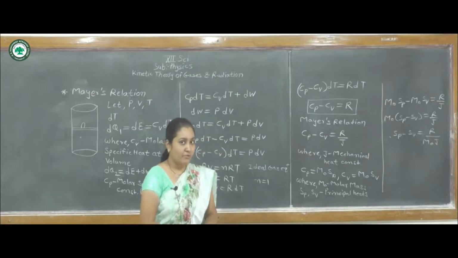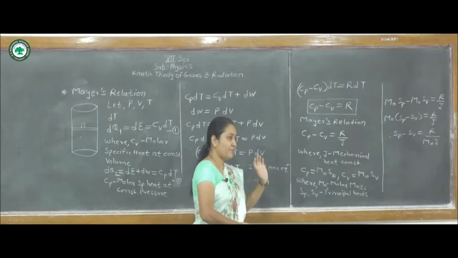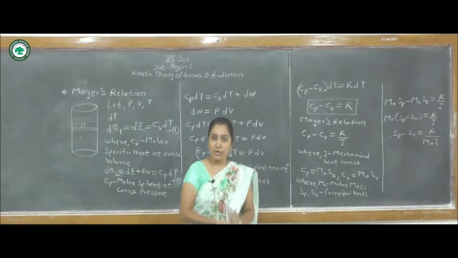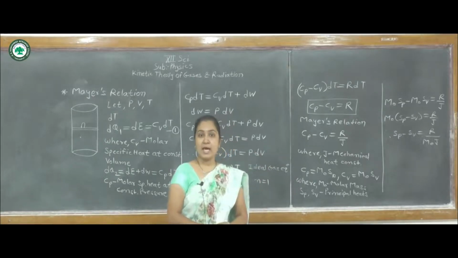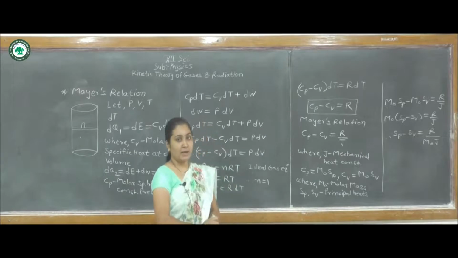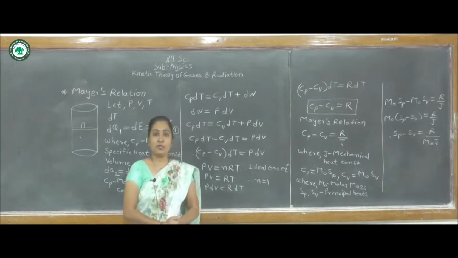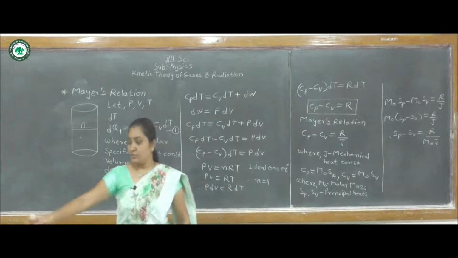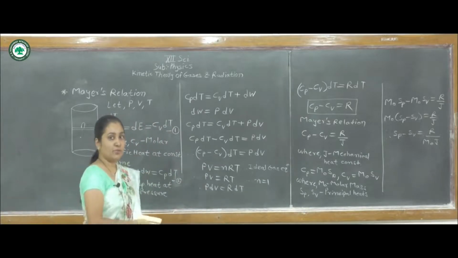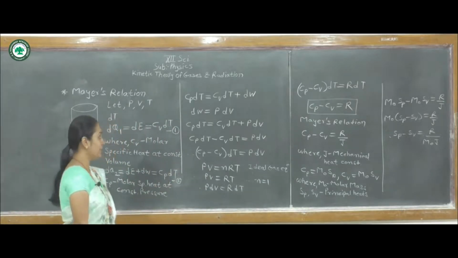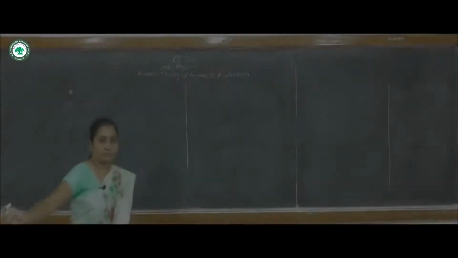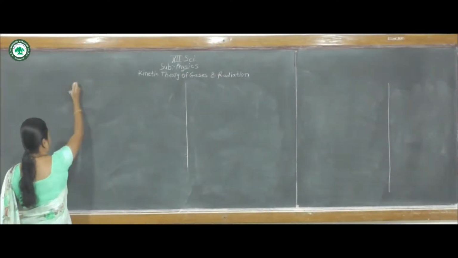So now we can find out the specific heat for the monoatomic gas, diatomic gas and polyatomic gas by using the law of equipartition of energy. So now first we will study monoatomic gas.